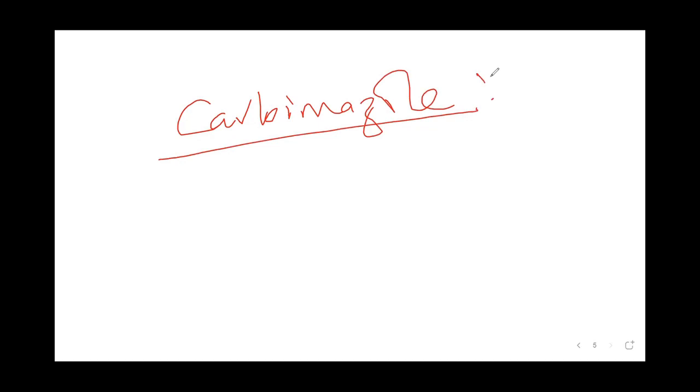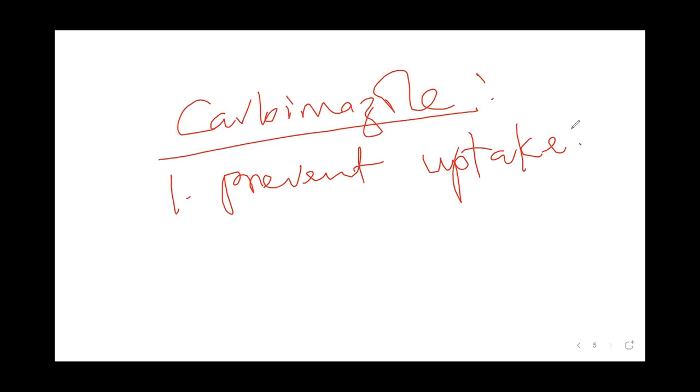We should know that carbimazole acts at various steps in the synthesis of thyroid hormones. One, it prevents uptake of iodine.